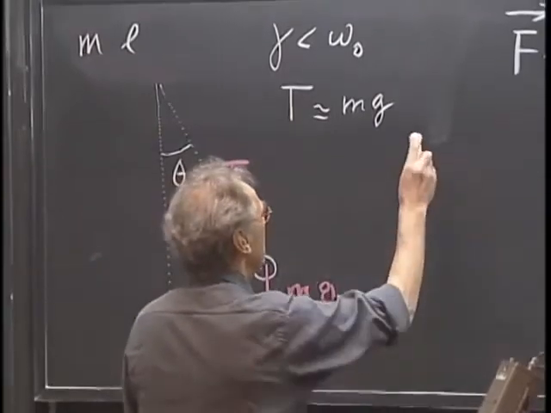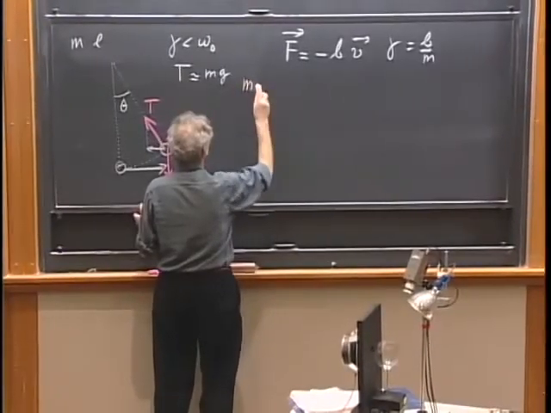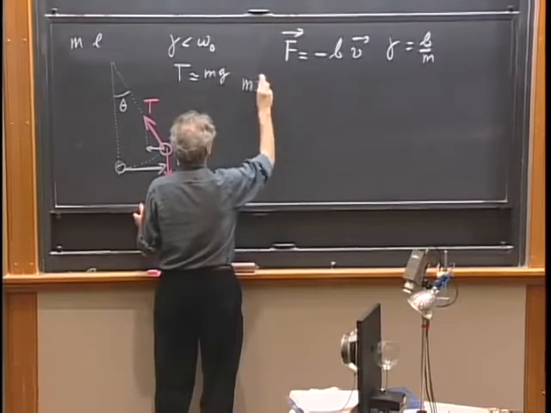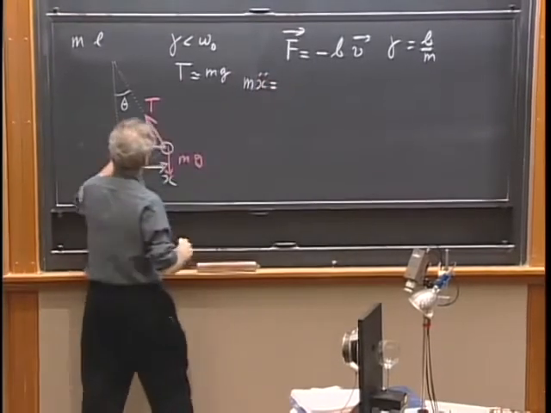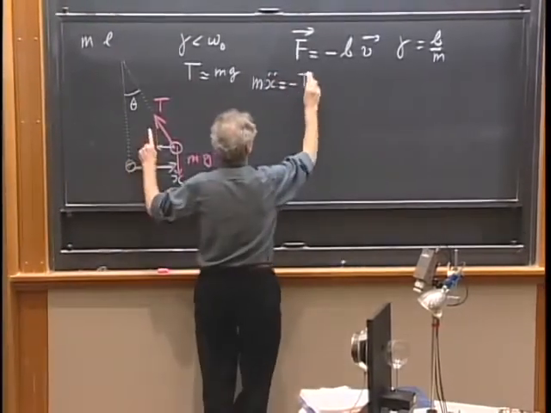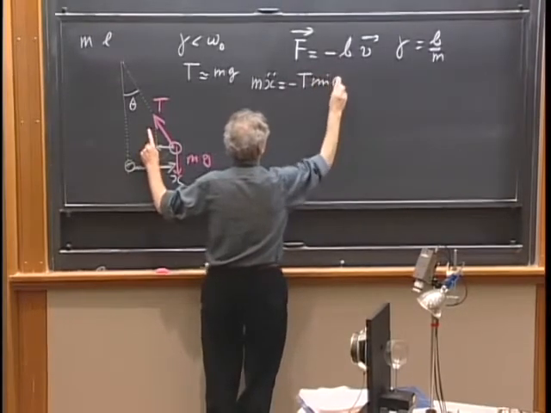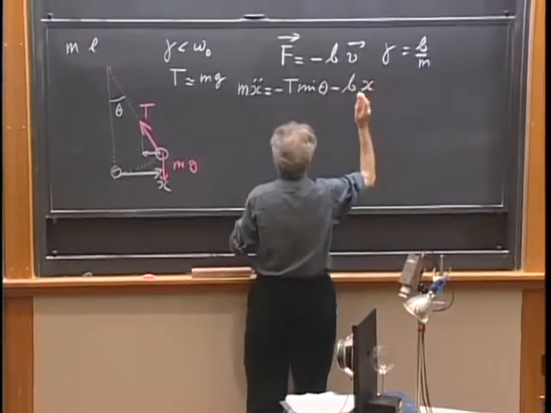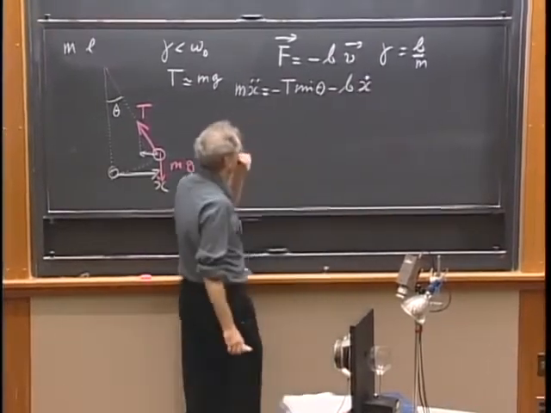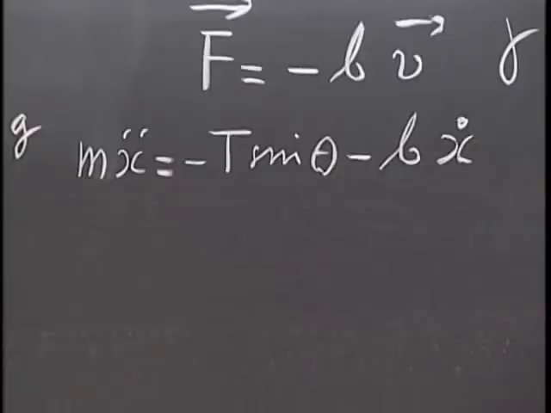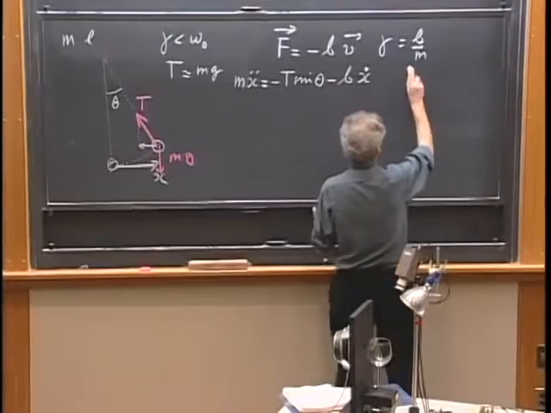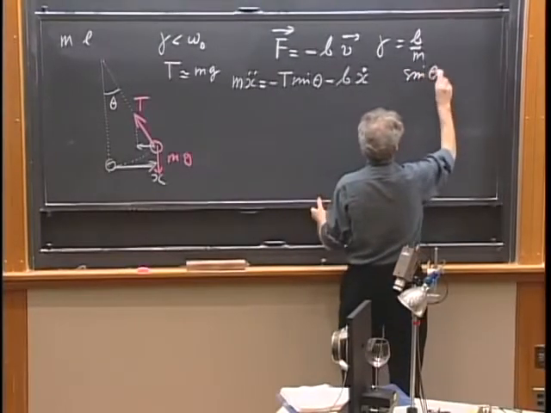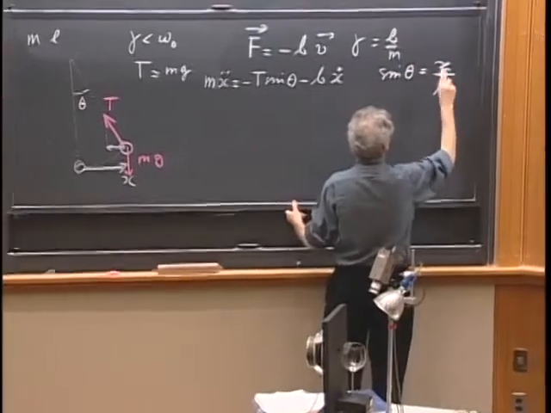So the differential equation then, in terms of Newton's second law, becomes m x double dot equals minus T times the sine of theta minus b times x dot. That's the damping, and this is the restoring force due to the tension in the string. And the sine of theta is x divided by L.